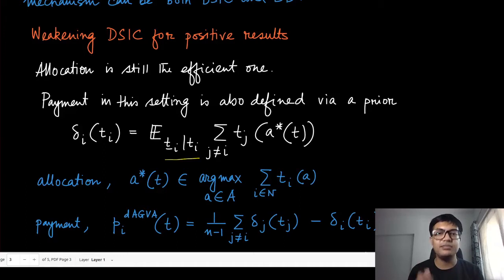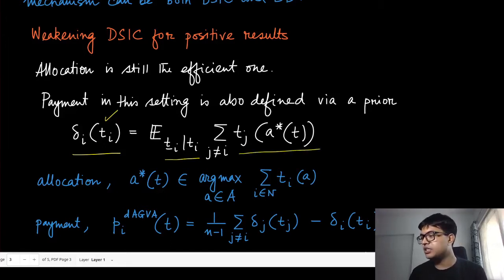The mechanism designer in this case is actually doing this expectation and charging this amount of payment to each of these agents. So delta i Ti is the payment that it is charging to that player. As soon as it reports Ti, it is going to be charged this amount, and that is nothing but the same summation of the valuations of all the other agents except agent i at that optimal allocation, but you are also taking the expectation with respect to T minus i.